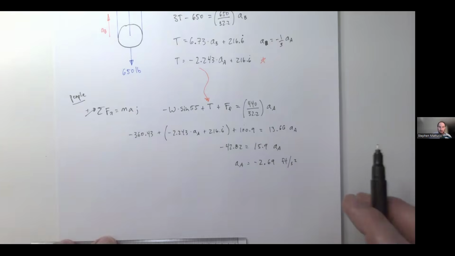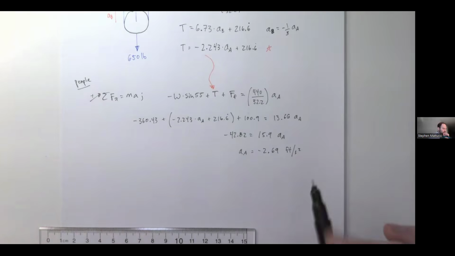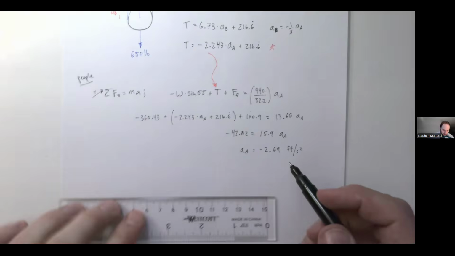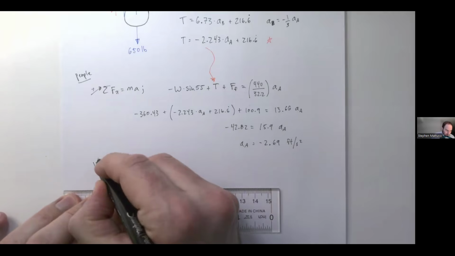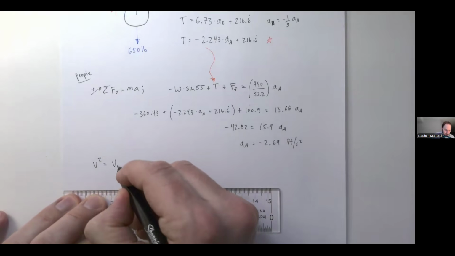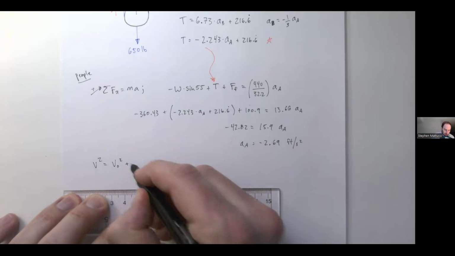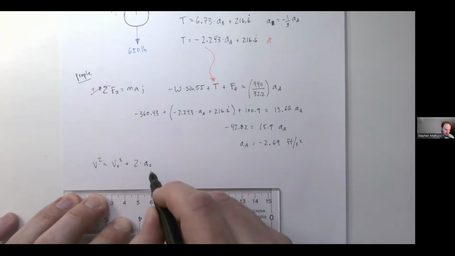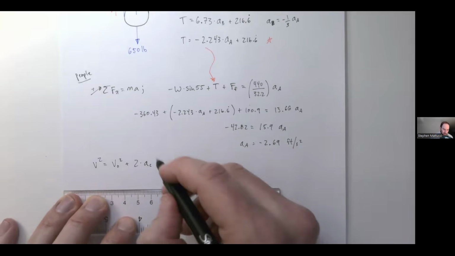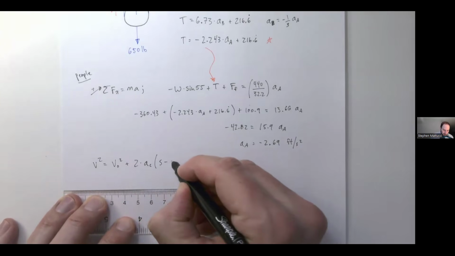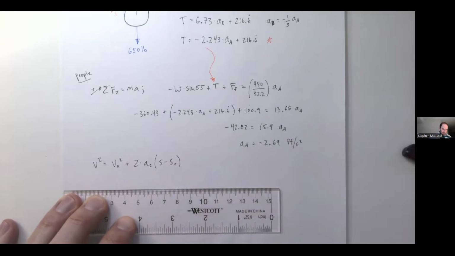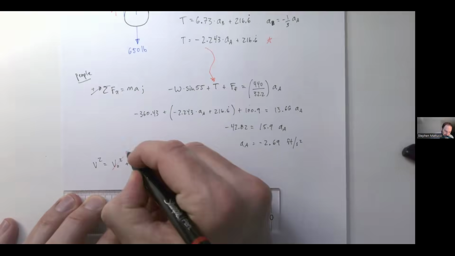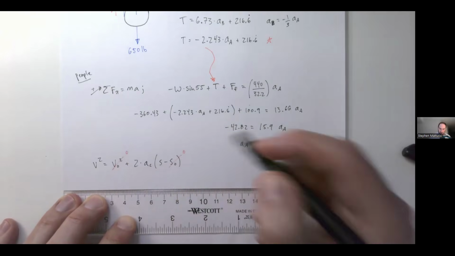So we can use one of our kinematic equations. We've got velocity, we know the position, we've got acceleration. And so we do have an equation where velocity squared is equal to initial velocity squared plus 2 times constant acceleration times change in position. In this case, this is constant acceleration. So in this case, we know it starts at rest, and we know its initial position is 0.